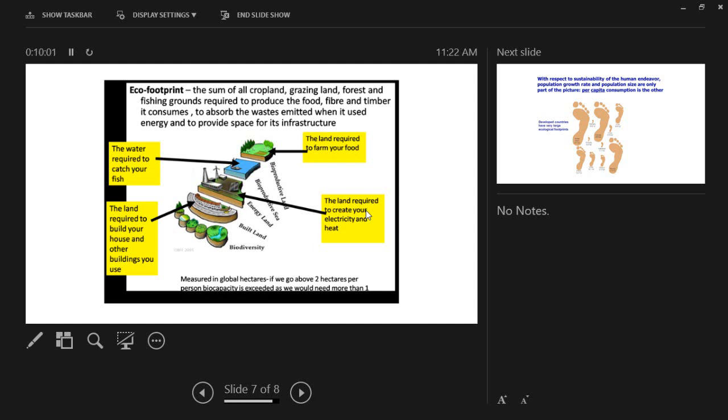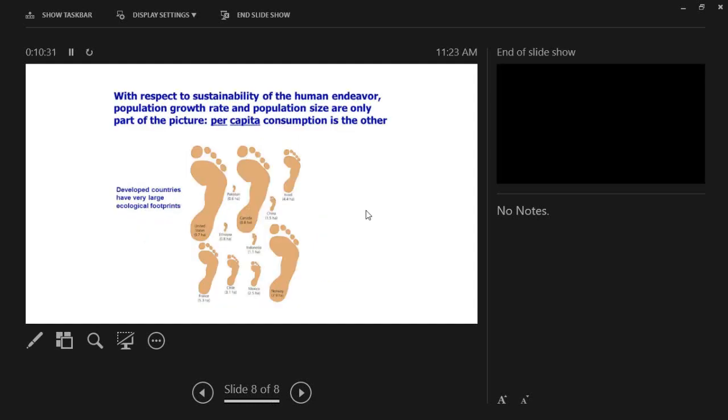Our population is small, but we still have a bigger impact on the earth than these other populations where there are so many people in one space, but they don't use half the stuff that we use. We are a major impact to the resources of this earth. And if we continue, they say it'll take about 1.5 Earths to keep up with the amount of resources that we use, consume, and waste.